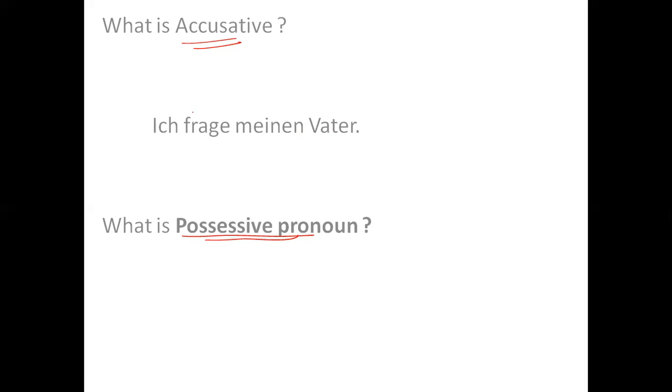First of all, let's talk about what is accusative. We have discussed it many times in previous lectures, but here is a quick recap. A sentence has one subject, one verb, and an object. There can be any number of objects. In German, the subject is known as nominative.